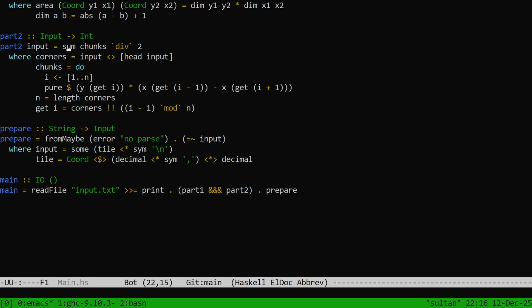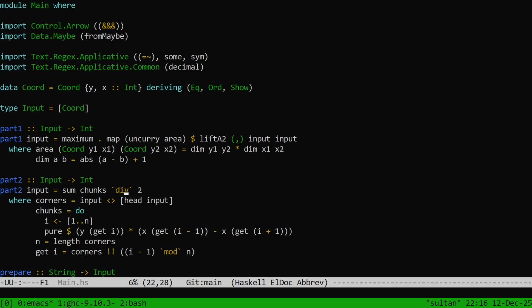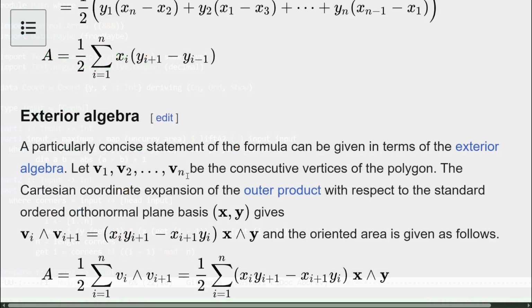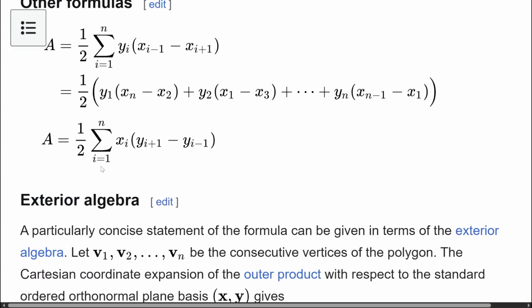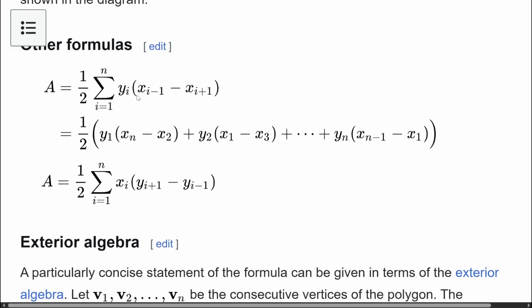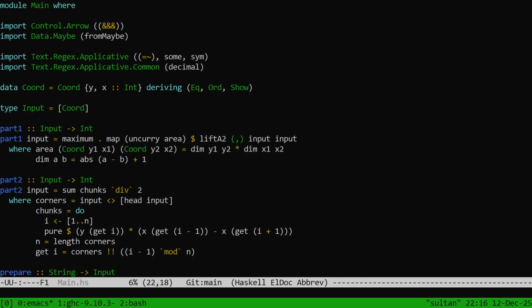Part 2: sum the chunks, divide the result. But wait, is it supposed to be sum? It is, right? It's not product or something? Yeah. Sum for i from 1 to n, y_i times (x_{i-1} minus x_{i+1}).